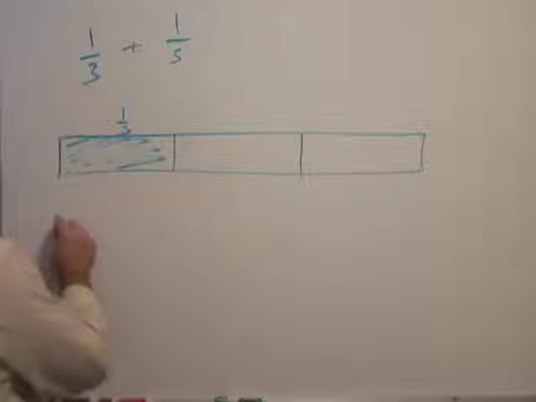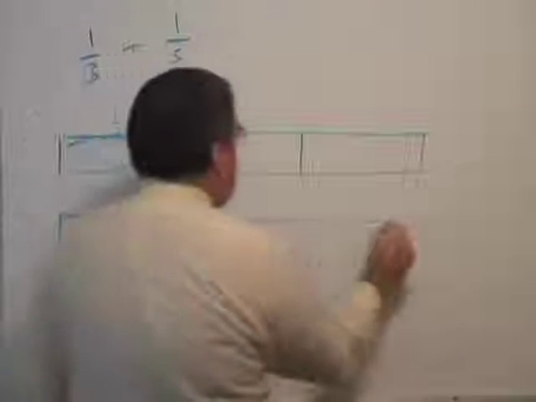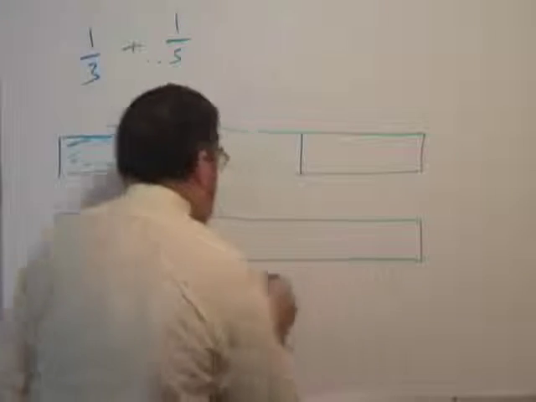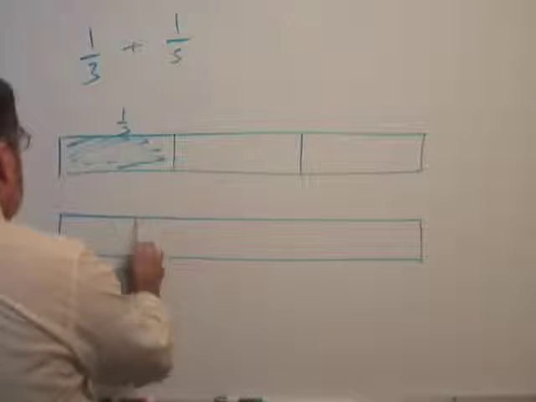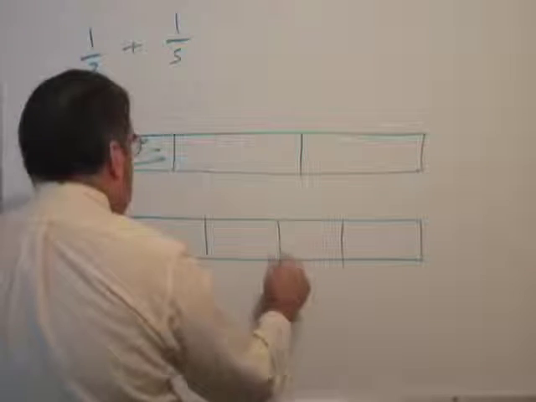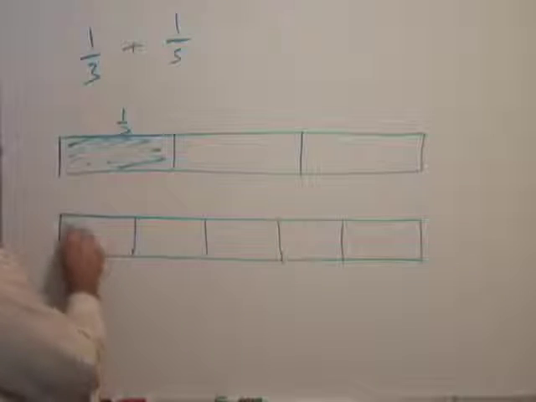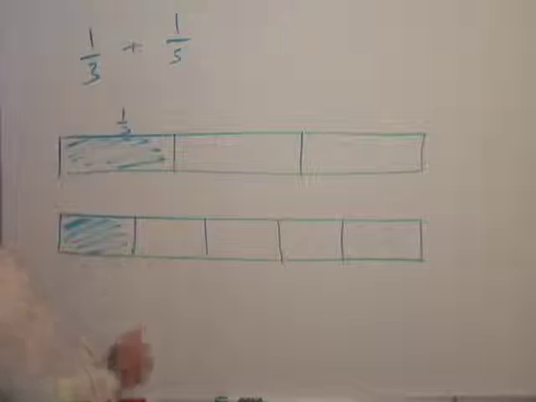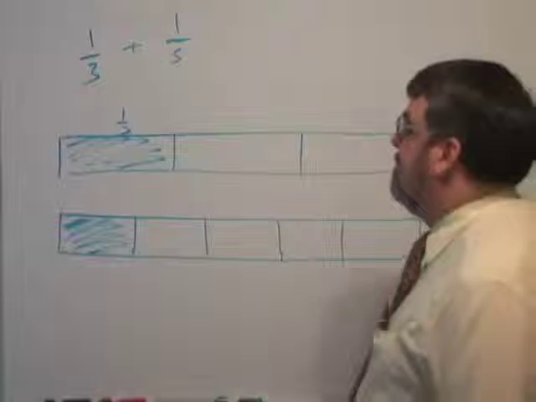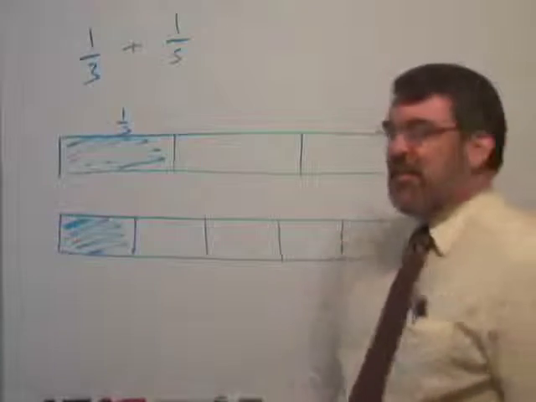And then 1/5 will be 1/5 of a similar bar. That's pretty close. All right, so here's 1/5. So how come you just don't add 1/5 and 1/3 and get 2/8 or something like that?